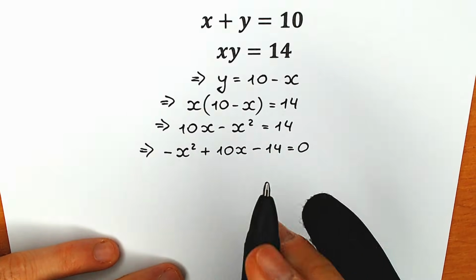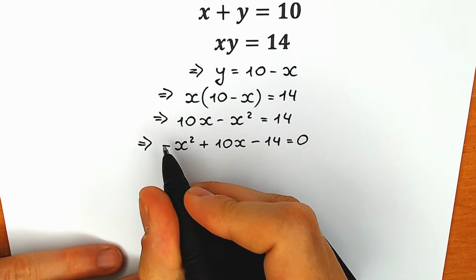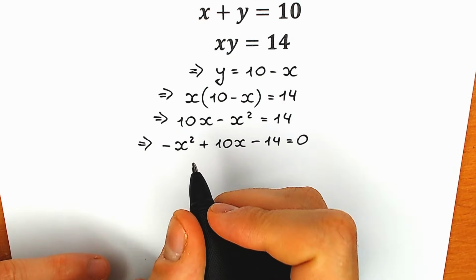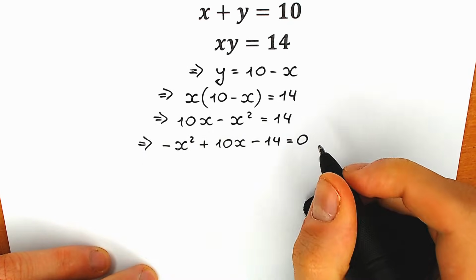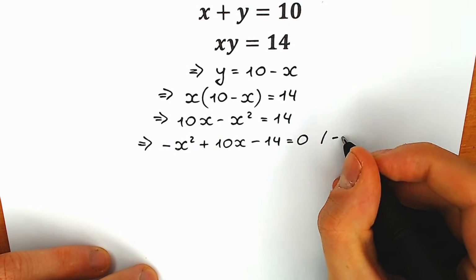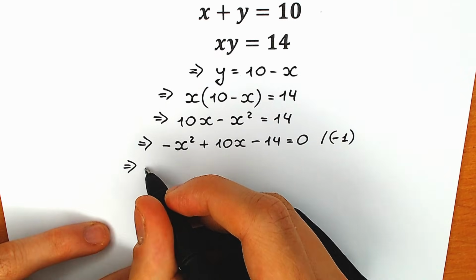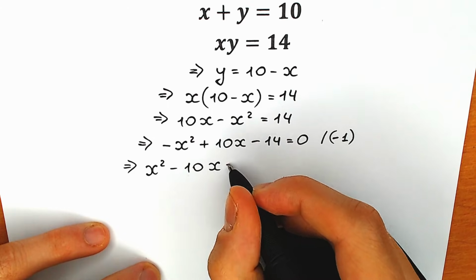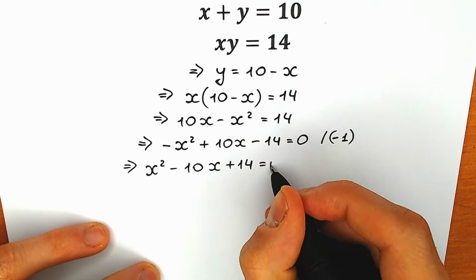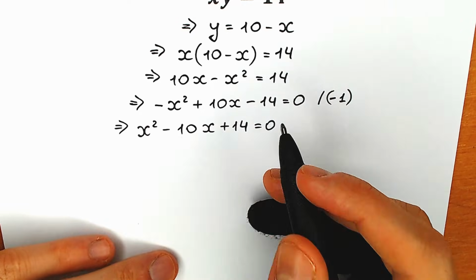Here we have a negative sign, and we don't like it; it's easier to work with the positive, classic order. So we multiplied both sides by minus 1: x squared minus 10x plus 14 equal to 0. This is our final quadratic equation, and right now let's solve it.